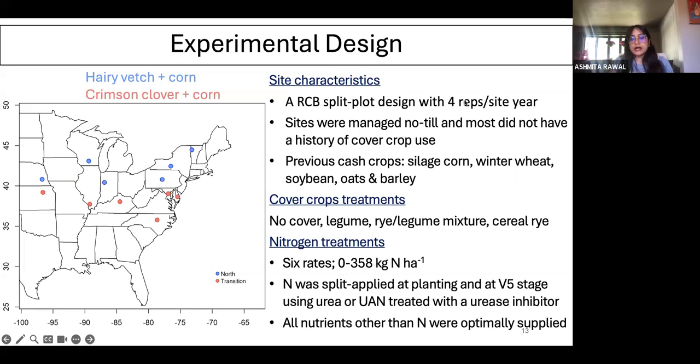And all our sites were managed under no-till, and most did not have a history of cover crop use, but they almost all had annual crop rotation, and the previous cash crops were silage or grain corn, winter wheat, soybean, oats, and barley.